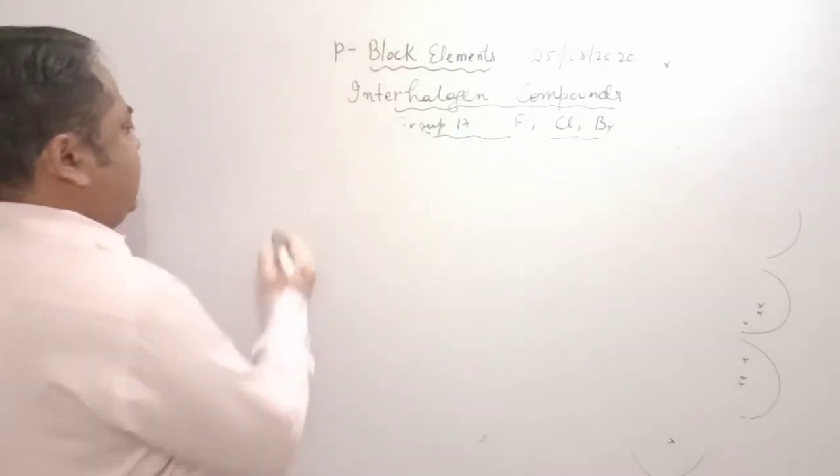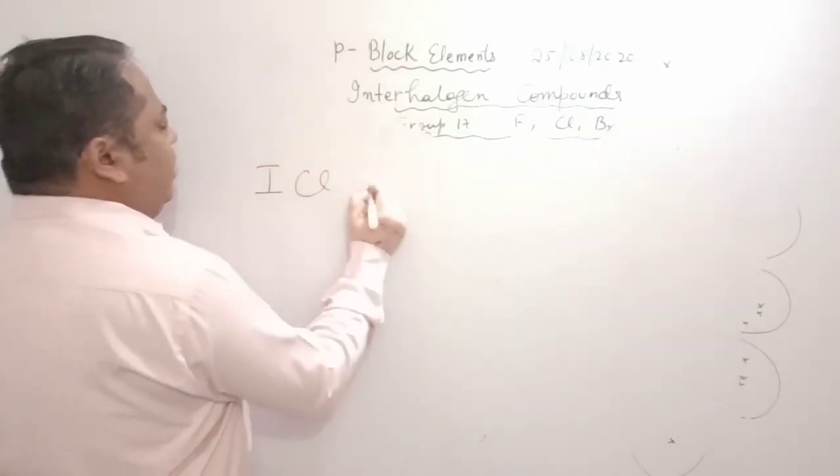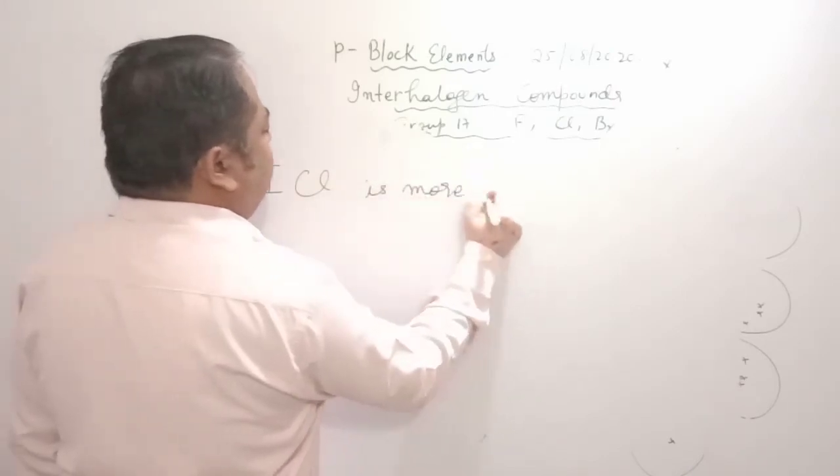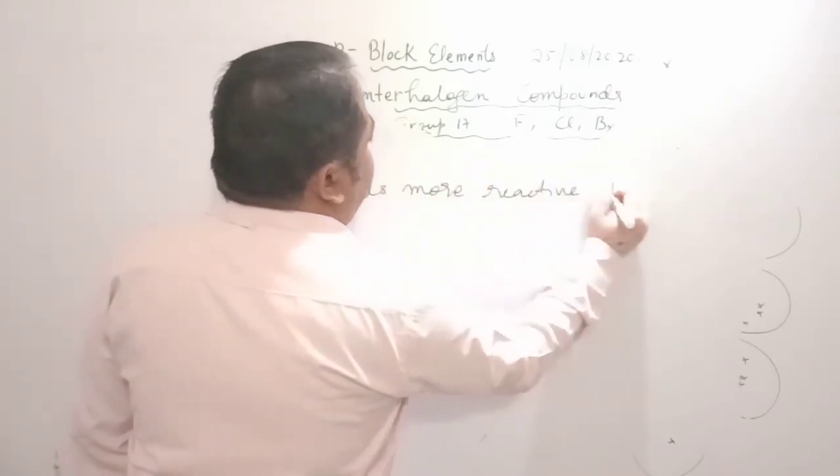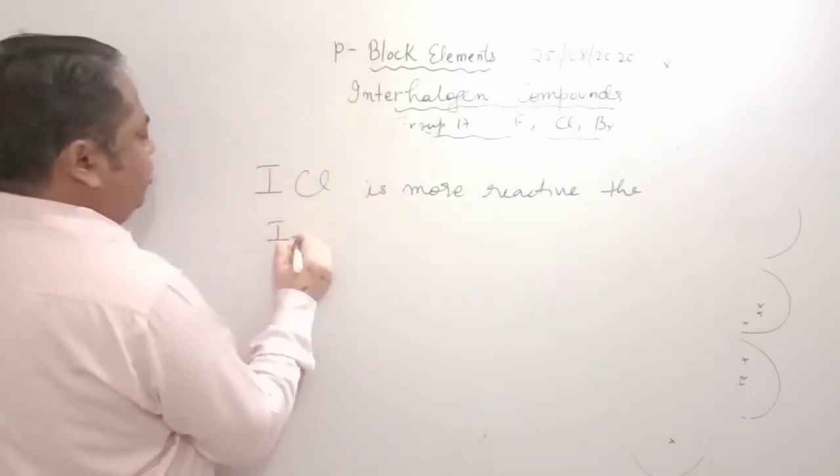Say I can take a specific example, that why ICl is more reactive than I2 or Cl2.